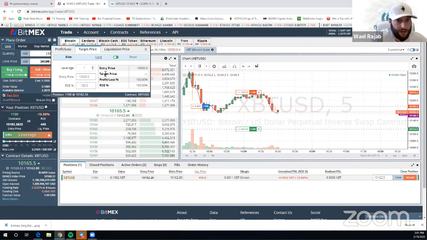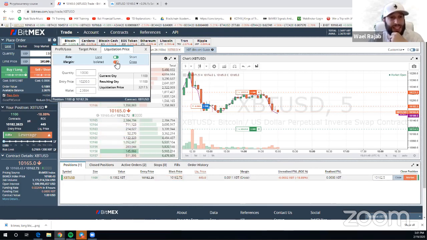Gotta put something. Okay. This only works for leverage. Let's go with 2x leverage. Okay, yeah, you see 2x leverage, 10,000, target price 20, you're gonna do 100% return on equity. And then liquidation price, this is important as well.